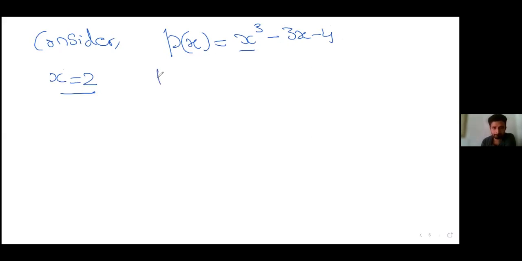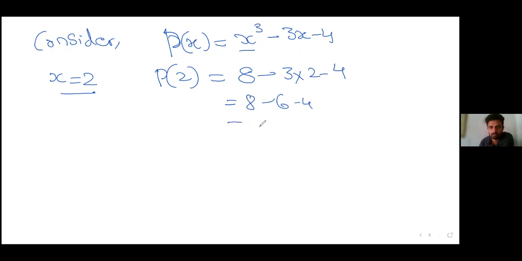That will be p of 2. How much is the value if I put 2 in the place of x? 8 minus 3 into 2 minus 4. Sorry, this is cube, right? How much is the value?